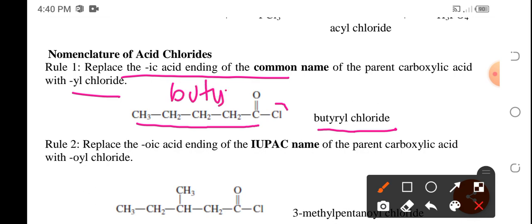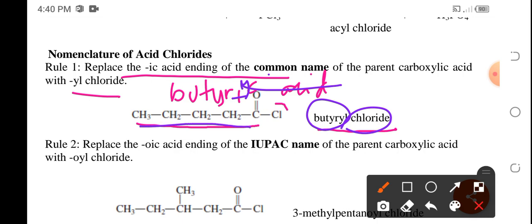Butyric acid originally. We are dropping the IC acid and replacing it with YL. So that is butyryl chloride. So we have to name first the parent carboxylic acid and then the last word, chloride.